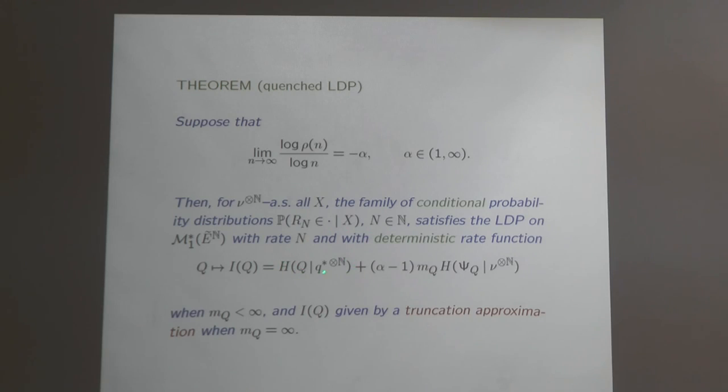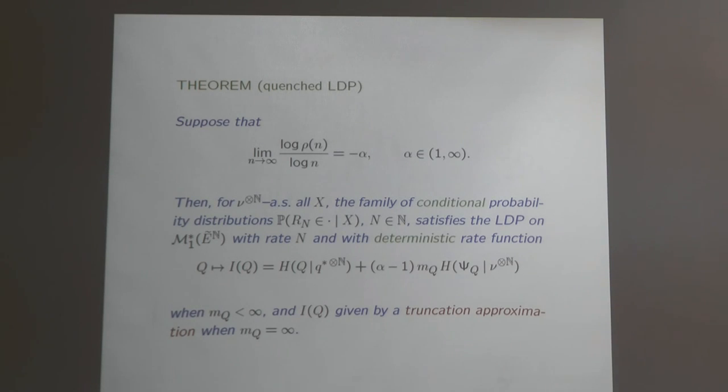It's the old part that we already saw plus something new. And the something new is sort of living in the world of letters and asking for specific relative entropies of letters. And this only makes sense when q is such that this is finite, but if that's not the case, you can do a truncation approximation where you say I first truncate all the words and then I later pass to a limit. So that's okay, you can talk about that also.